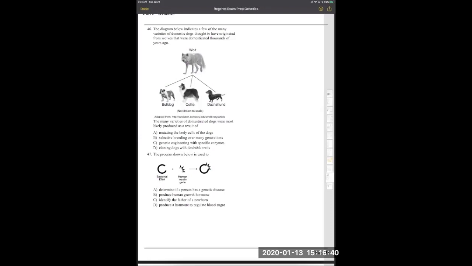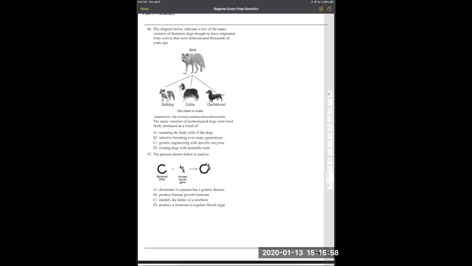However, I have a problem with the word cloning. Cloning literally means replicating the same thing. So, how can you clone something with desirable traits? I mean, if it's the same thing. So D is confusing.